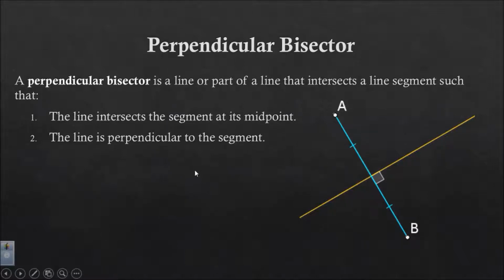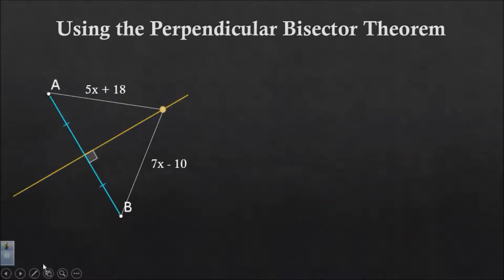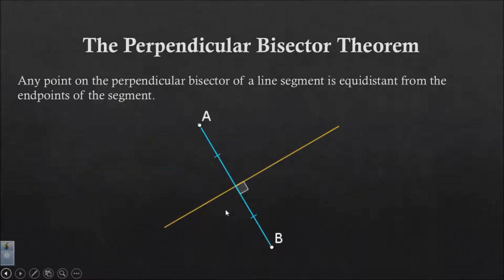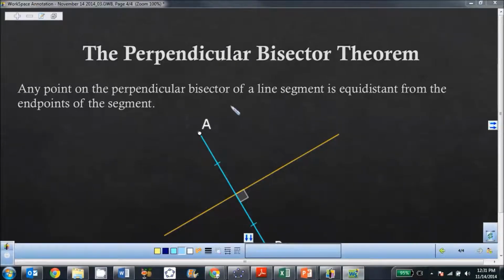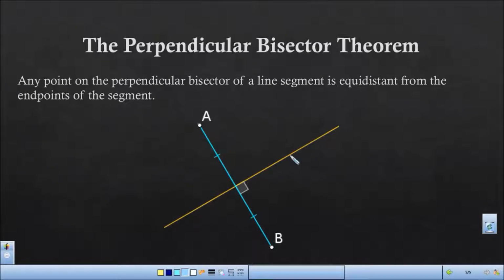Now, the perpendicular bisector theorem says this: if I were to pick any point on the perpendicular bisector, like maybe I choose this point right here, and then measure the distance from A to that point or from B to that point, then I would find out that these two line segments are congruent.